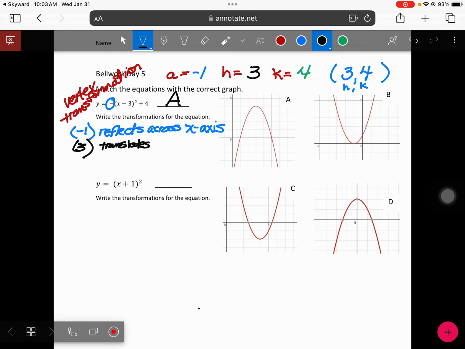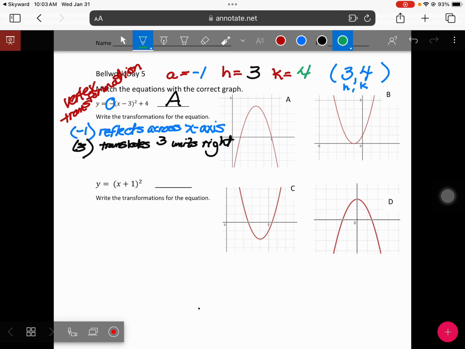Translates, what did you say? Did you say 4? Is it 4 if it's h? No, it would be 3. You can change it. Just tell me, oh no, I said 3. Translates 3 units to the right because it is a +3. So it's 3 to the right.